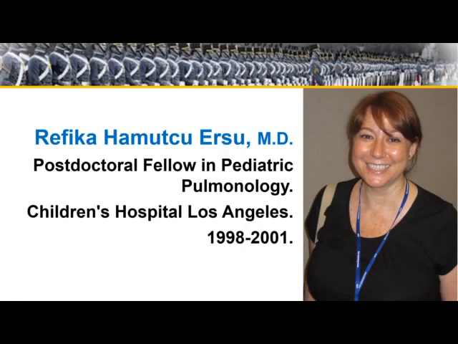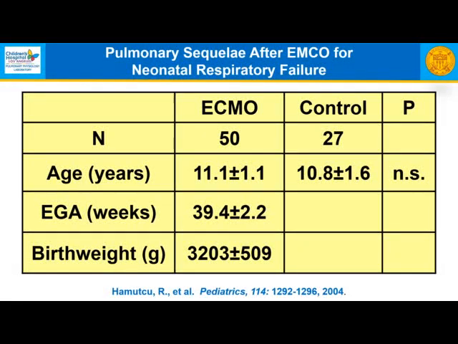Rafika Humuchu Ursu, who was a pulmonary fellow 1998 to 2001, she studied, she's an overachiever here, 50 kids who had been treated with ECMO for neonatal respiratory failure versus 27 controls, mean age around 11, estimated gestational age and birth weight about what you'd expect.